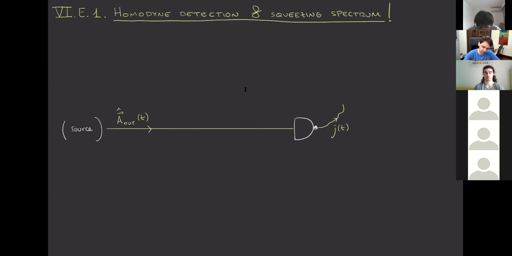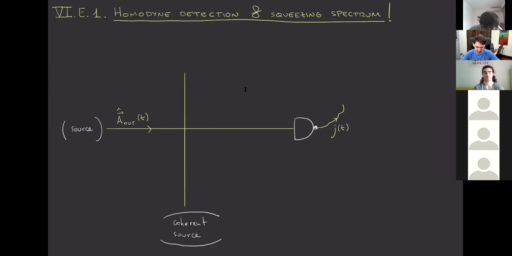So now what we are going to do is something a little bit different. We are going to add one more source. Now, apart from the source that is our main interest, because we want to study properties of the output field, we have another source that we can call a coherent source, whose properties we actually know very well.